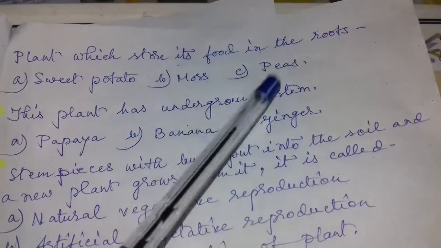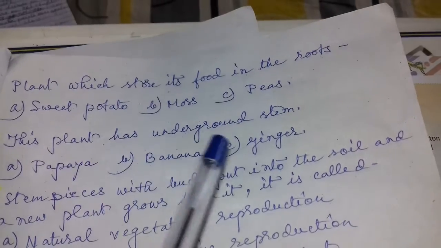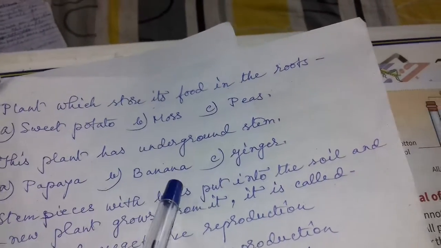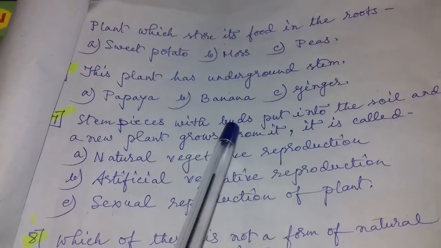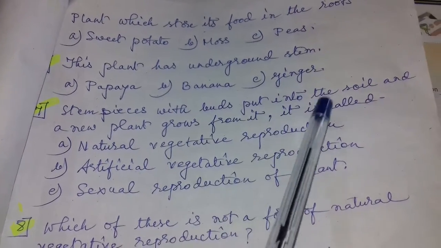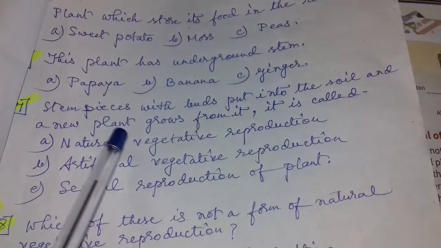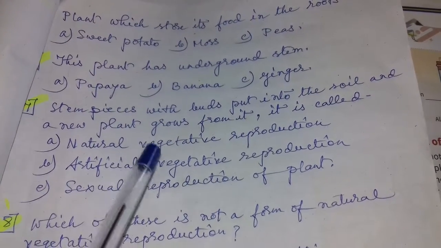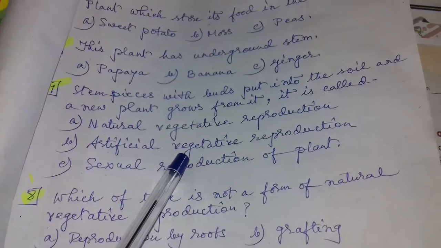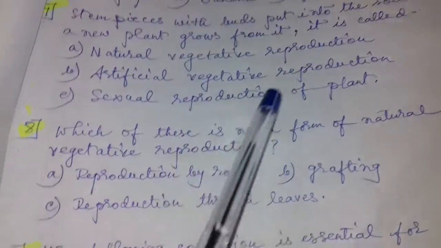Sweet potato, moss, peas. This plant has an underground stem. Papaya, banana, ginger. Stem pieces with buds put into the soil and a new plant grows from it. It is called what? Natural vegetative reproduction, artificial vegetative reproduction or sexual reproduction of plant.